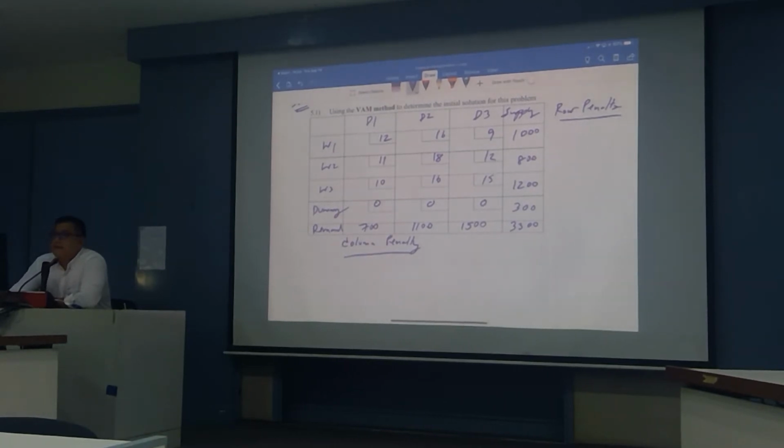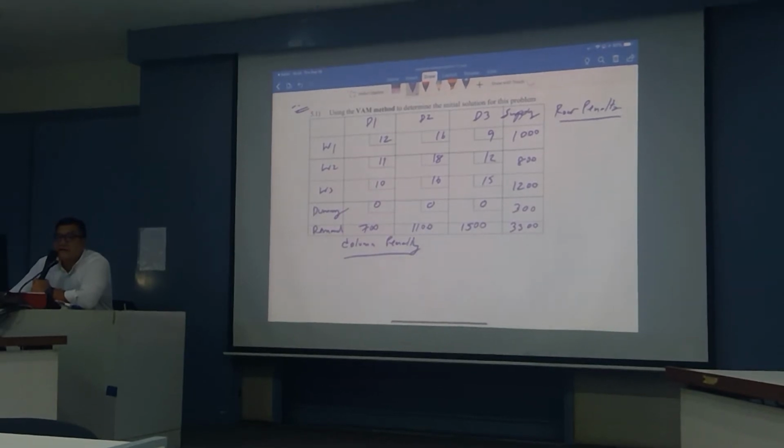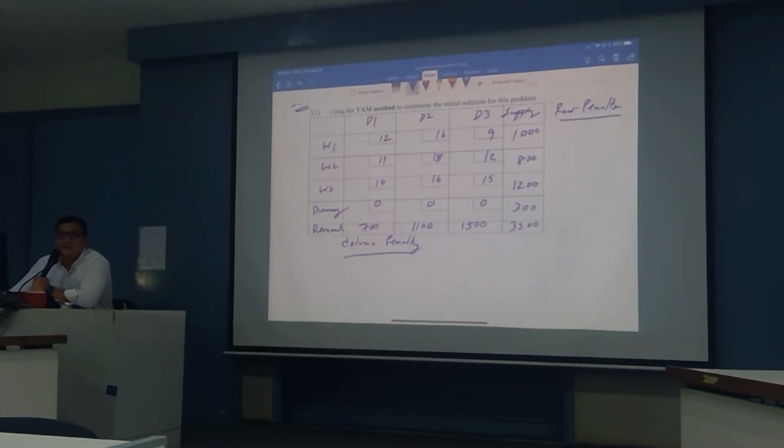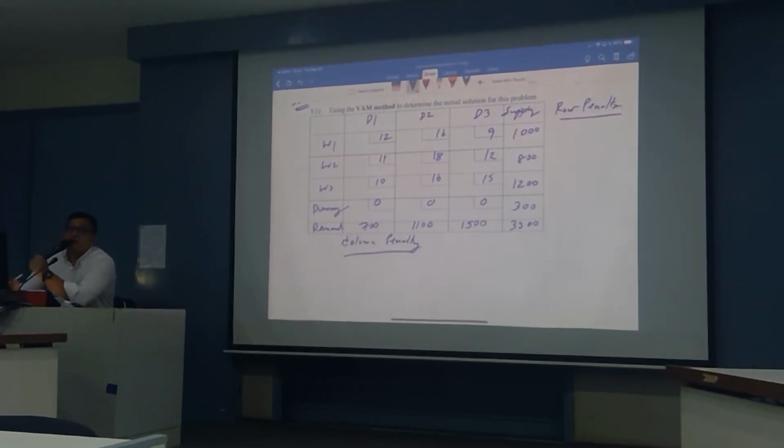If you remember, for the penalty value, we just find the difference between the two lowest unit shipping costs. For example, for the first row, the two lowest costs are 9 and 12, so the difference between 9 and 12 is just 3.